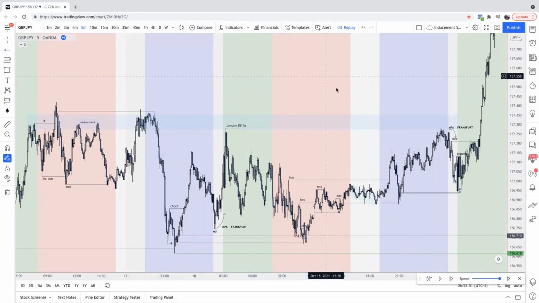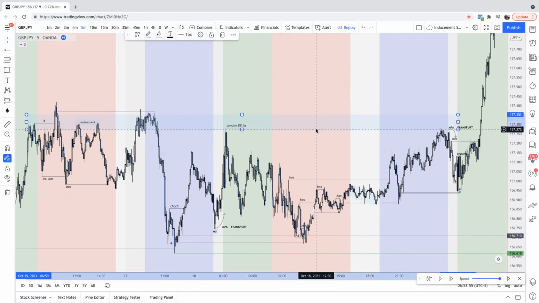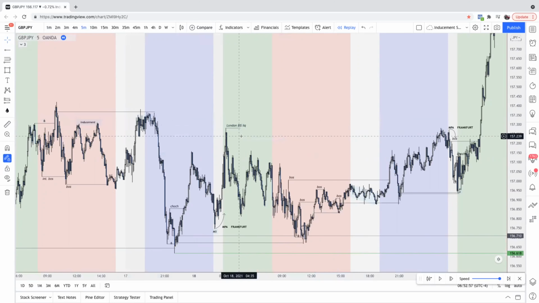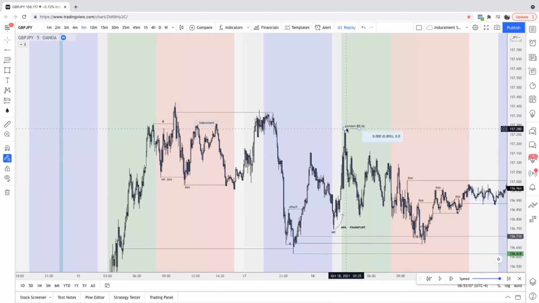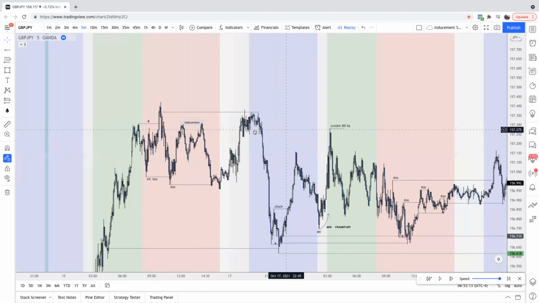And then another good key point is that these highs created at London, like this London buy side liquidity, and also this high created during Asia, if you look left, they were created at the same level that the previous inducement took place at, right?